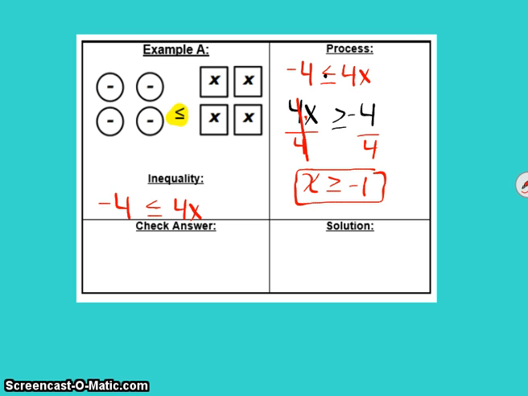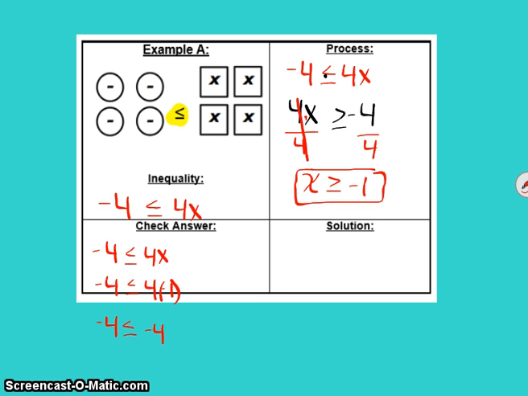Okay, so I got to check my answer now. What I have to do is take this original inequality. So I have -4 is less than or equal to 4x. And in place of that x, I'm going to put this -1. So I have -4 is less than or equal to 4 times -1, which is -4.